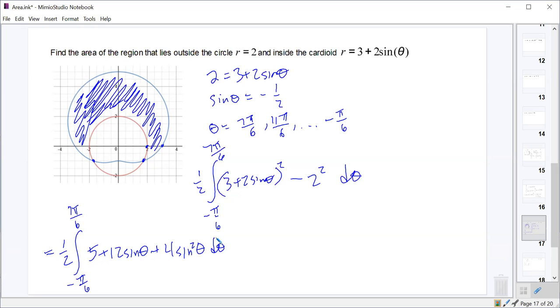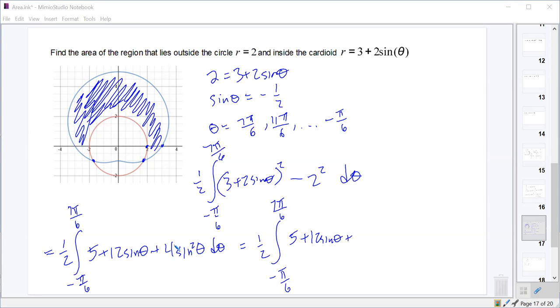And how are we going to simplify down the 4 sine squared theta? Same way we've been doing, right? 1/2 the integral from negative pi over 6 to 7 pi over 6 of 5 plus 12 sine theta, and then 4 sine squared theta. Sine squared theta is going to be 1/2 of 1 minus cosine 2 theta.